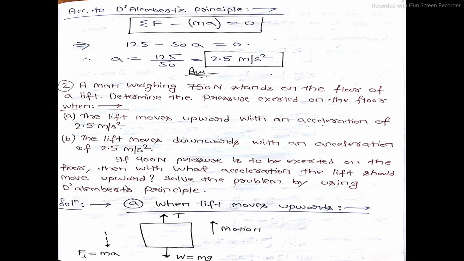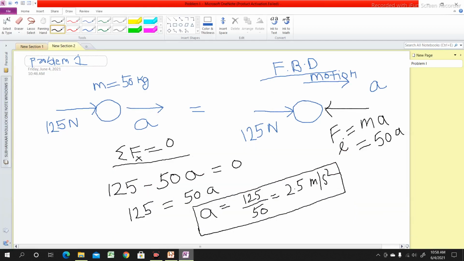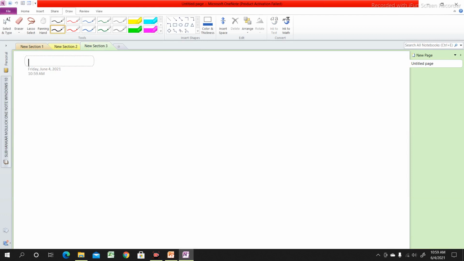Here also you can see that in this problem the diagram is not given to you. So what you need to do is read the problem line by line. Accordingly you will frame the diagram. So let us draw the diagram according to the given problem.